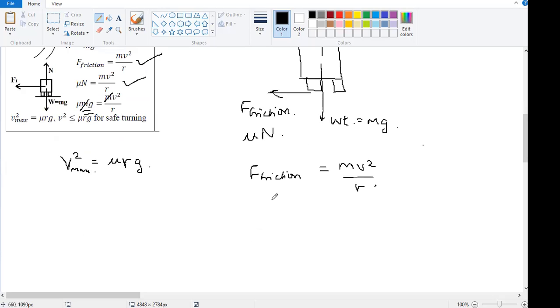So F friction is the force who is providing it, right? Force provided. This is force. Anybody? What is this called? Centripetal force.